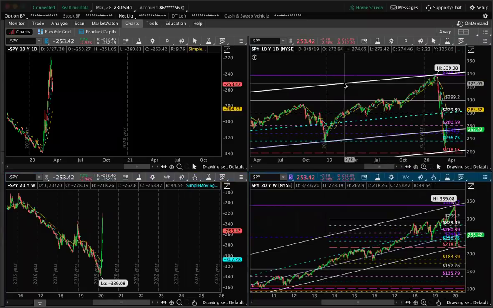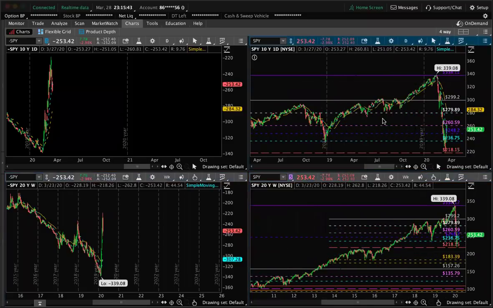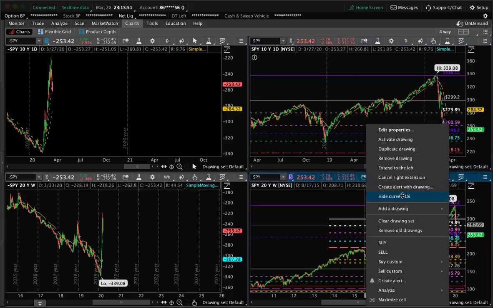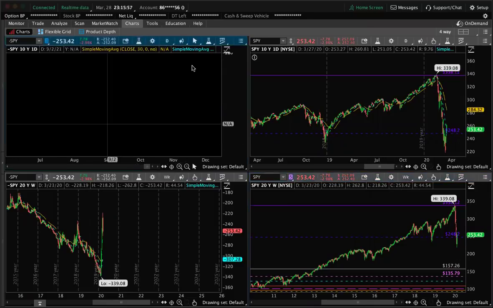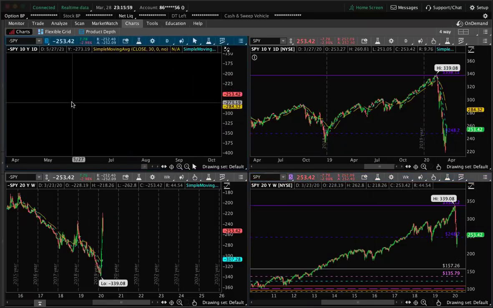I'm going to get rid of this trending line. Perfect. I can get rid of these. I already know what these are, so get rid of that. Recreate that after. So we get the daily at the top, weekly at the bottom.